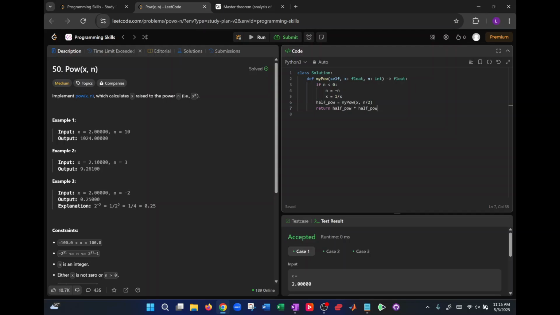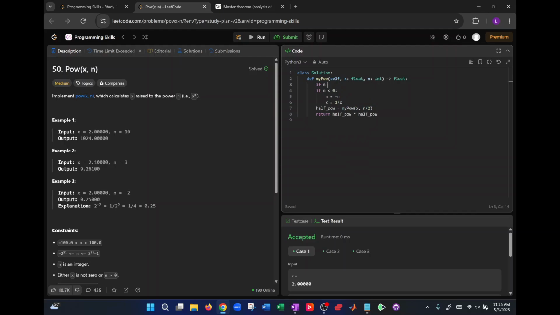This is basically what we would like to do, but there's a couple of things we need to keep in mind. First of all, with the way that LeetCode works, you can't just call this function recursively. You would need to put another function inside here, and then call that function recursively. I'll write that out when we get to that. Also, we need to keep in mind the base case.